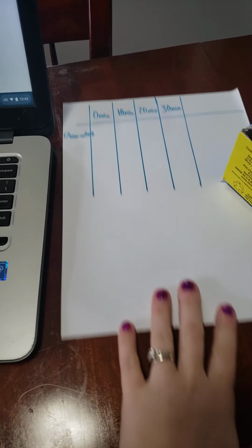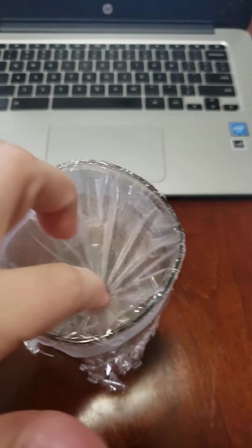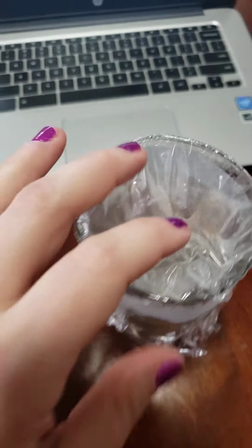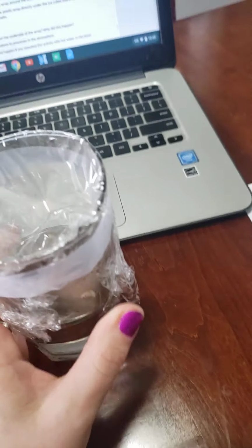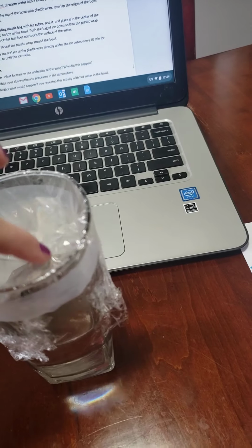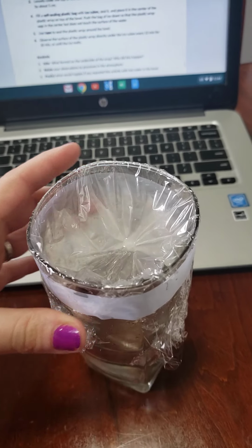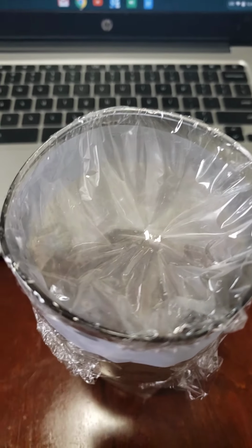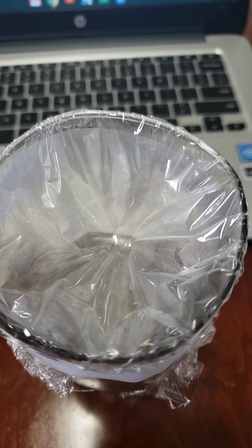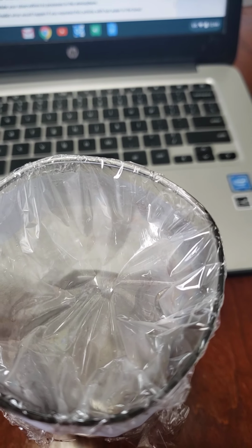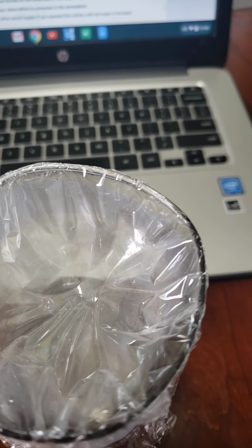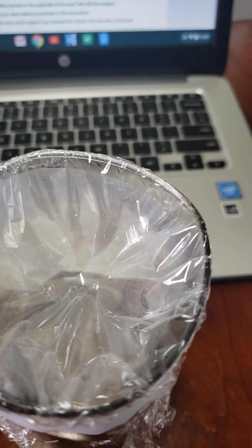Okay, so this is the setup. I tried my best to create that little divot that they were talking about in the procedure, but it's a little bit hard. Obviously, if you've ever done anything with plastic wrap, you'll understand. Okay, so this is at the 0 minute. Again, we are observing the surface of the plastic wrap directly under the ice cubes every 10 minutes for 30 minutes.